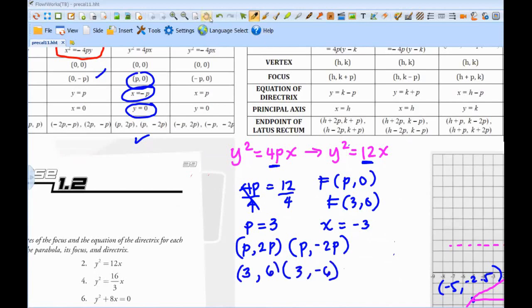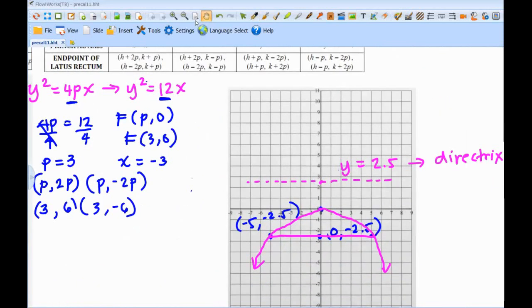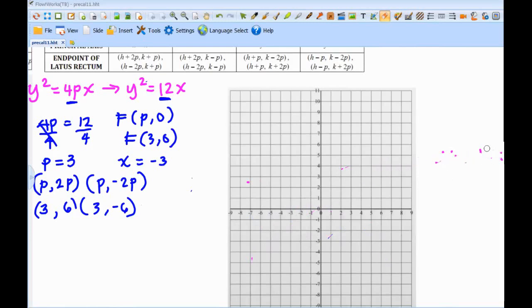So we can graph now our parabola. Actually this is a little bit easy because we have already the formulas. So the parabola opens to the right. So we will just start with the focus first.